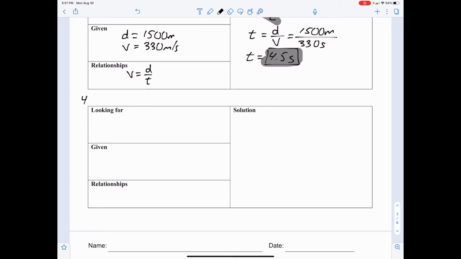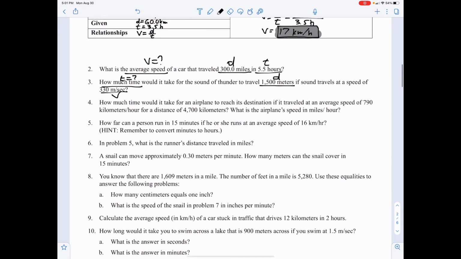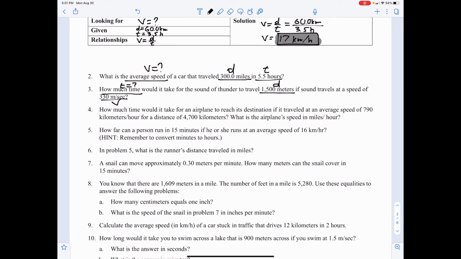Number 4. Number 4 says, how much time would it take an airplane to reach its destination if its average speed were 790 kilometers per hour, that will be speed, and a distance of 4,700 kilometers.